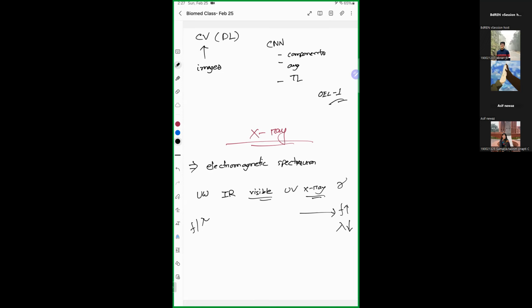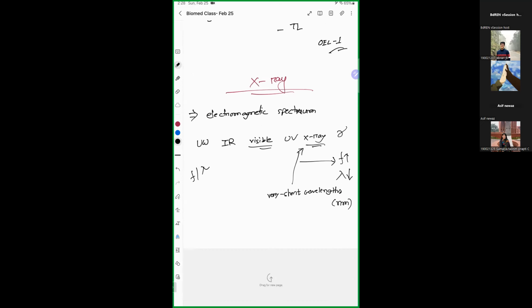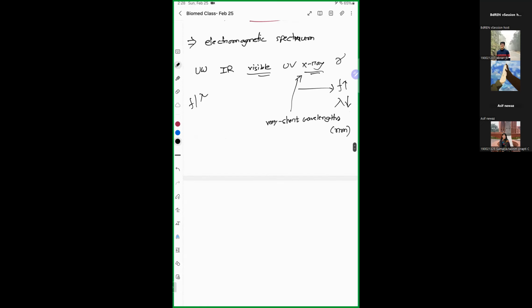So when you are in the X-ray region, these have very short wavelengths. X-ray radiation has wavelengths in the nanometer region, roughly from 0.124 to 0.00124 nanometer.